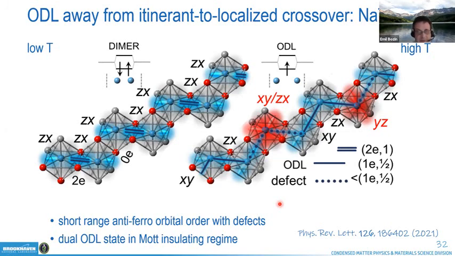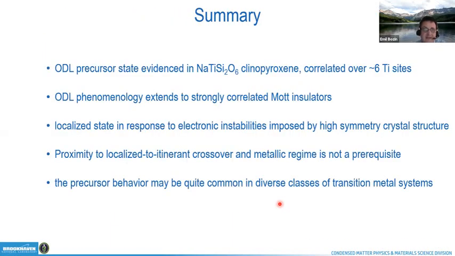So that would pretty much be all that I have. I'm going to summarize and say that I hopefully showed you some convincing evidence that in this sodium titanium silicon oxygen 6 pyroxene, there is an ODL-like precursor state, which is correlated over about 6 titanium sites. And that this implies that this precursor phenomenology extends also to strongly correlated Mott insulators.